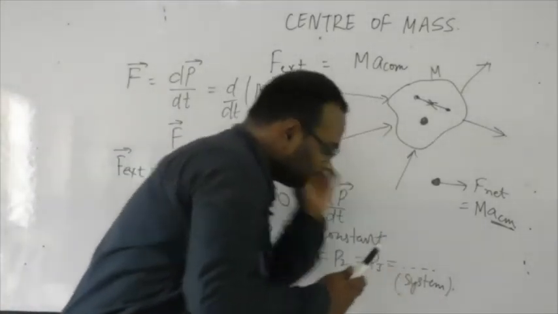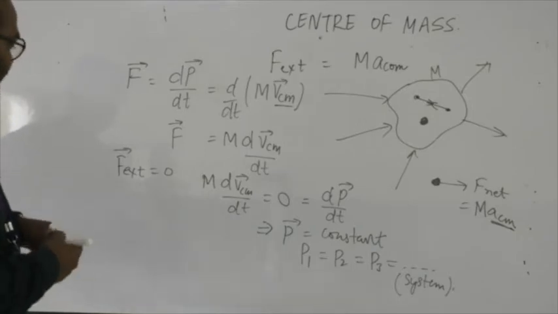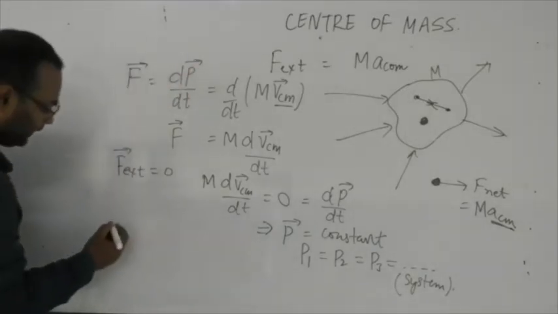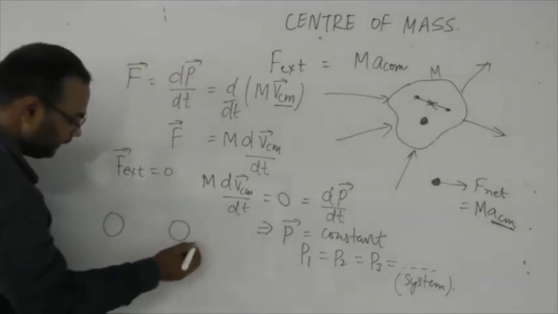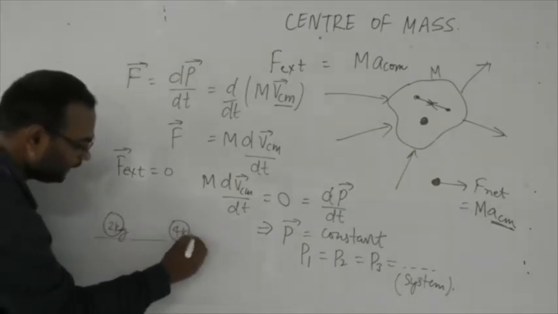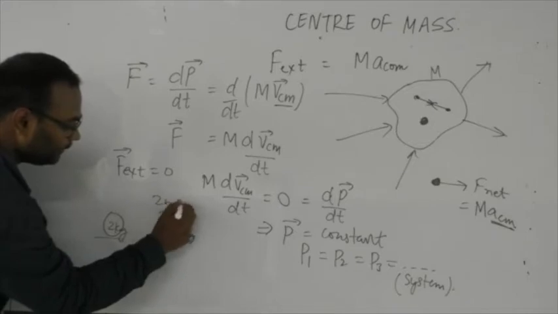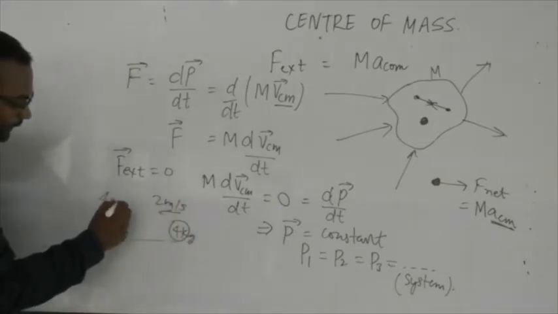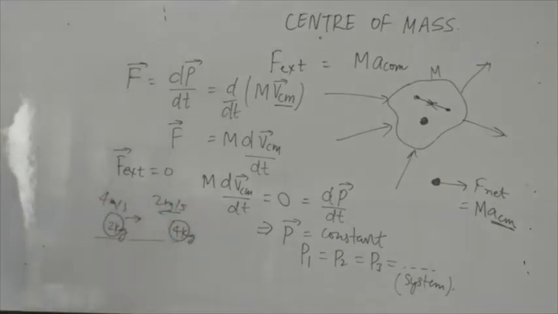See, what happens if I take an example, say these two balls, one having 2 kg mass and one having 4 kg mass. One is moving at 2 meter per second and one is moving with 4 meter per second in this direction.